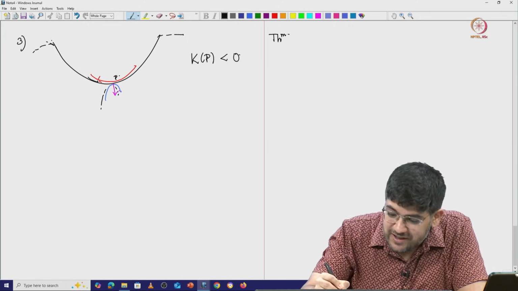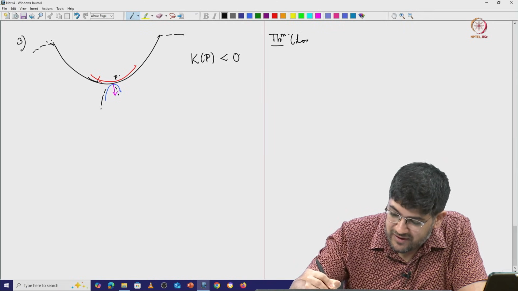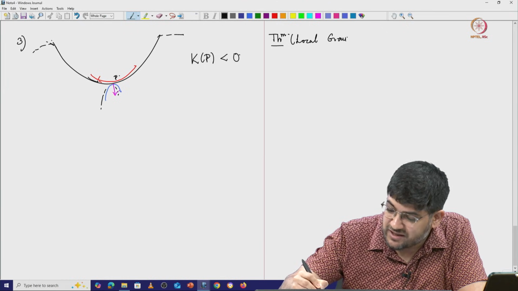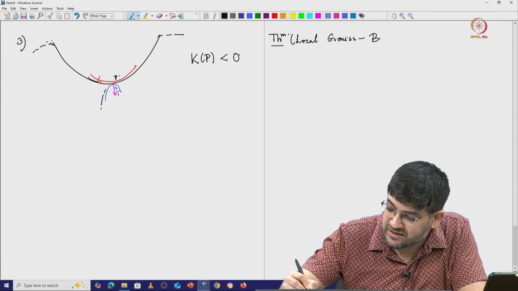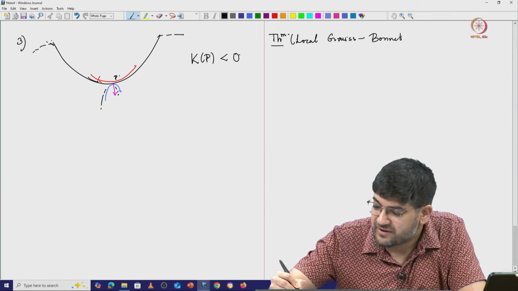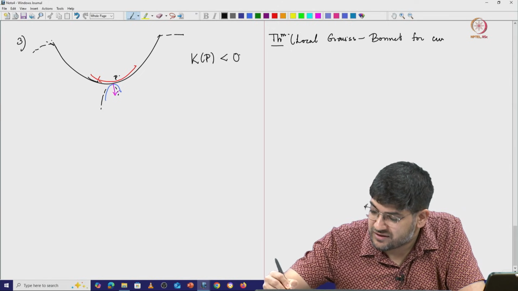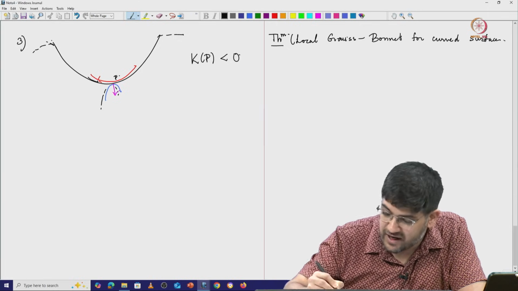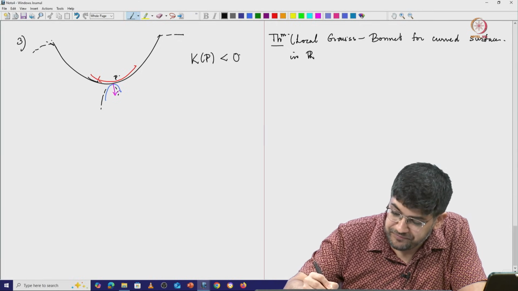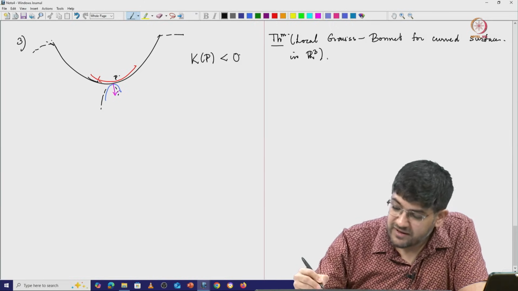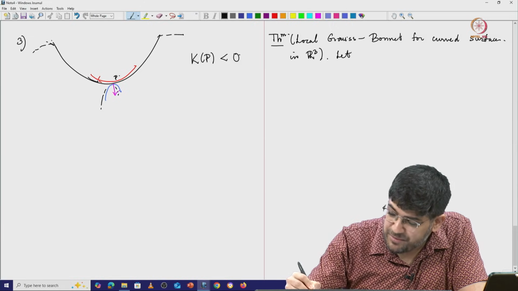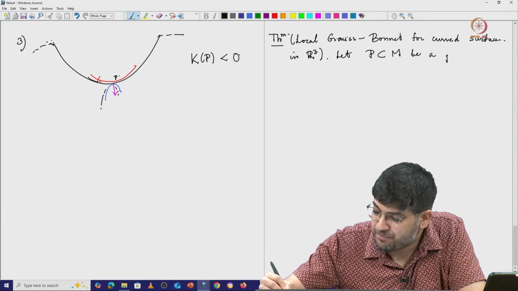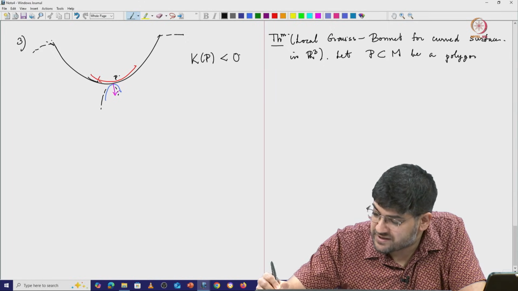Finally, let me state the main theorem, the Gauss-Bonnet theorem for curved surfaces in R3. Let P be a polygon. The definition of the polygon is the same as before.